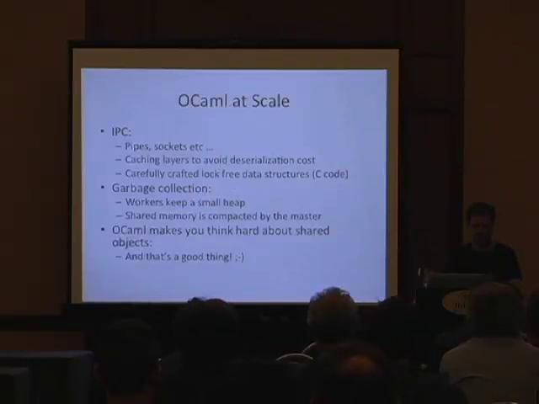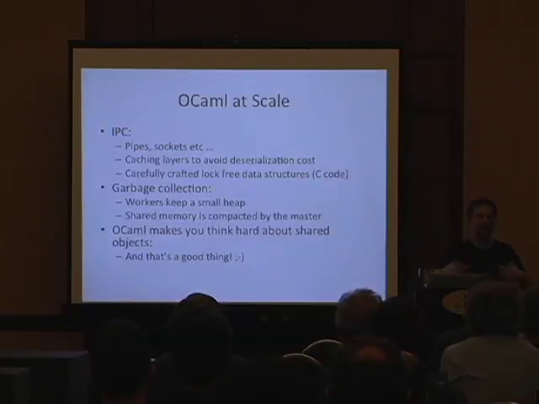So a couple of things about OCaml at scale. If I had to advise you on how to get this right, I would say start simple with pipes and sockets, and the kernel actually works pretty well. And then go for the more complicated stuff after a while. A couple of things to keep the latency low: the workers that you've seen in the slide before, we make sure that their heap is always very small.